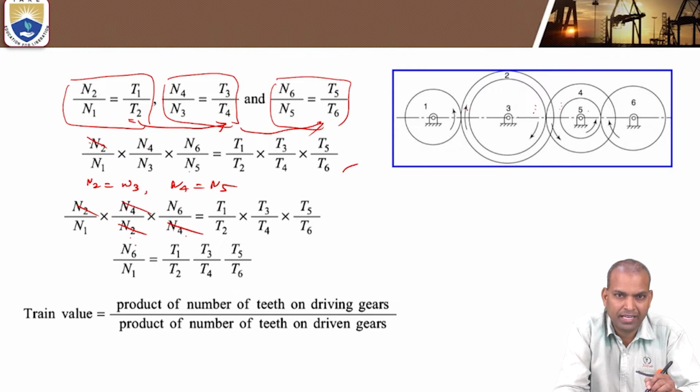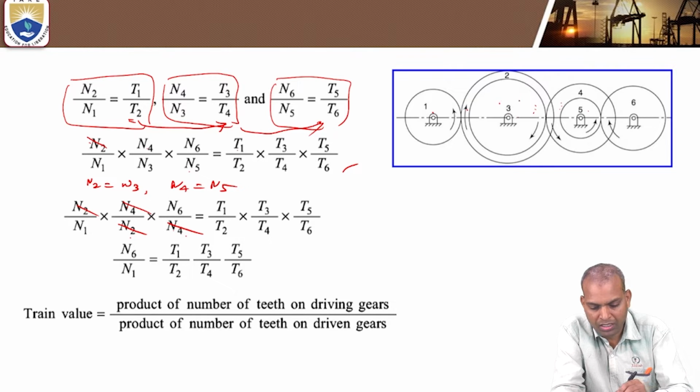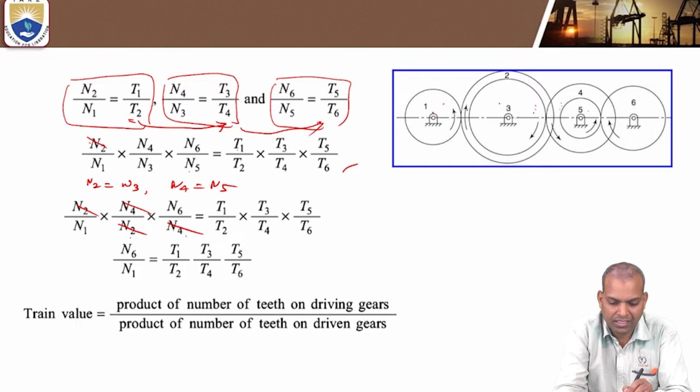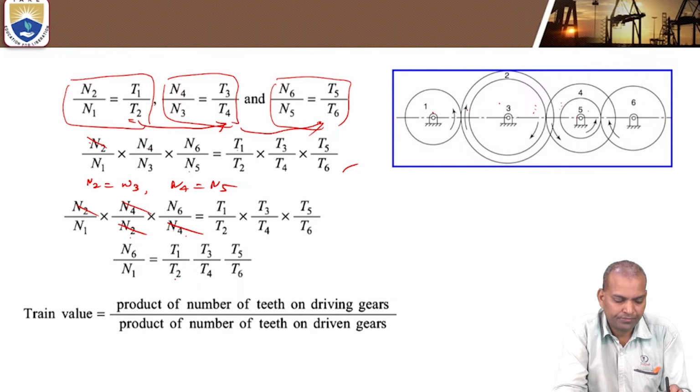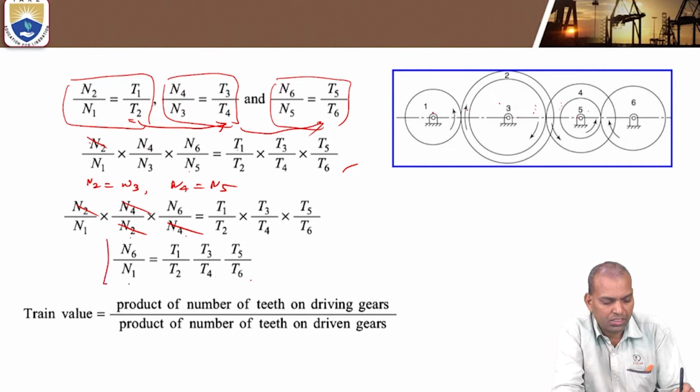The teeth are not the same, that's why they are not cancelled. It is the product of the driver gear teeth, T1, T3, T5, by the product of the driven gear teeth, T2, T4, T6. So the train value N6 by N1 equals T1 T3 T5 by T2 T4 T6.